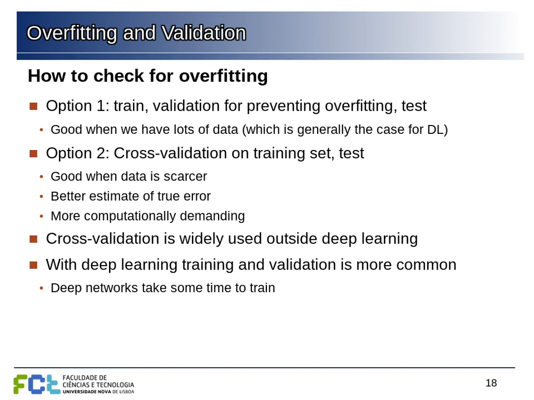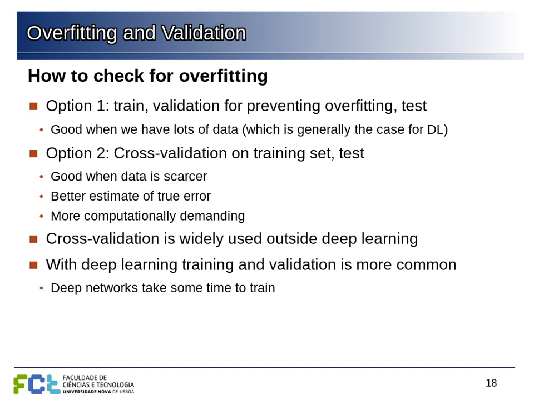So actually, the cross-validation is very good, especially when you don't have much data. It gives you a better estimate of the true error because you're averaging over different samples of the data. But it's more computationally demanding. This is not a problem if you're doing logistic regression or something like that, but it can be a big problem if you're training deep neural networks.